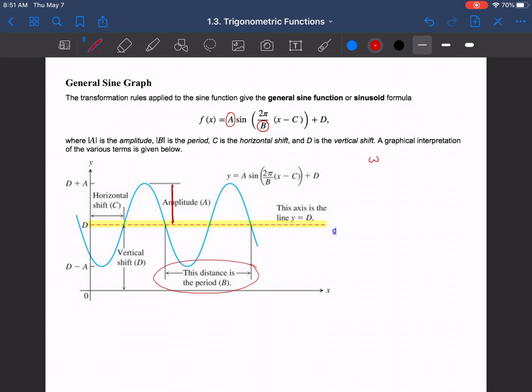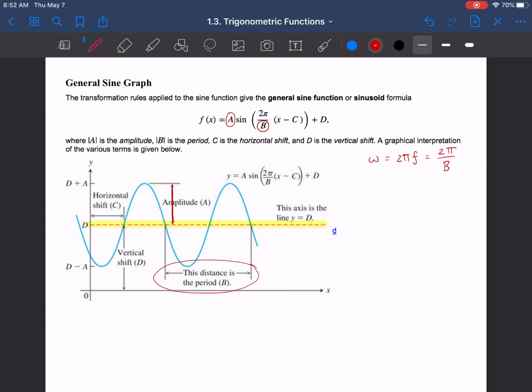And because this is radians per second, to convert this into number of cycles per time or per distance, we have to multiply it by 2 pi, and then what we end up with is omega equals 2 pi f. This f is not the same f as a function, but it's something called the frequency. All right, frequency is the reciprocal of period, which means we can immediately write this as 2 pi over b.